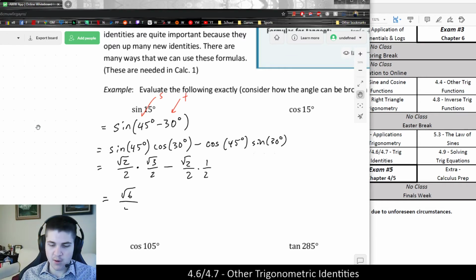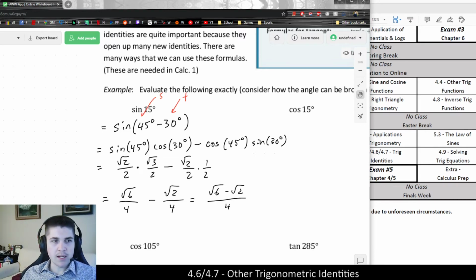And 2 times 2 is 4. And then in the second fraction, root 2 times 1 is, of course, root 2, and 2 times 2 is 4. So what I end up with is root 6 over 4 minus root 2 over 4. Or, another way we could write this is because we have a common denominator, root 6 minus root 2 over 4. Or there's even other ways that you can simplify this, but I think that this is good enough for our result.